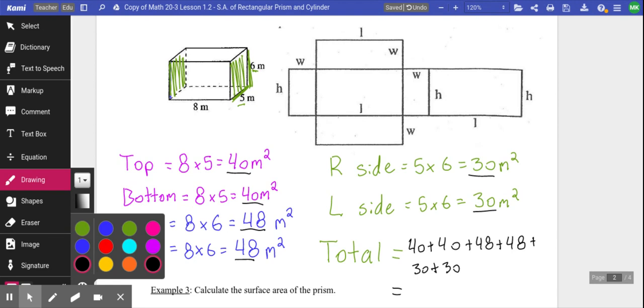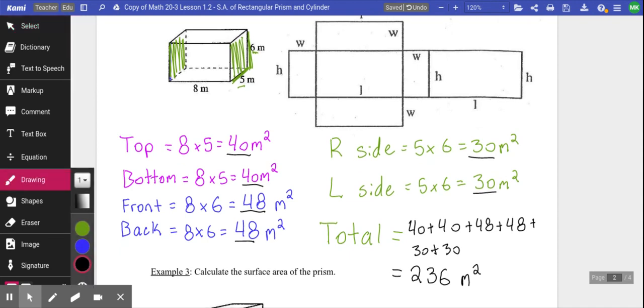So I got 40, 88, 118, 236? Is that what you said? Yeah. Okay, good. I thought you said 46 for a second. 236. I agree with that. That sounds right to me. Again, make sure you box that in so that I know which answer is yours.